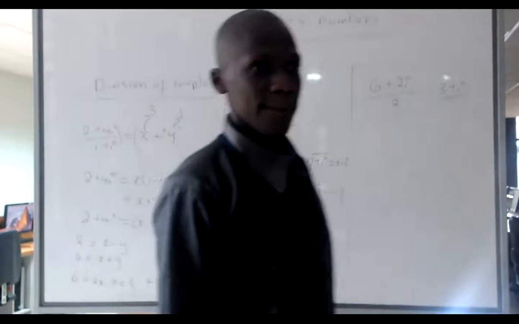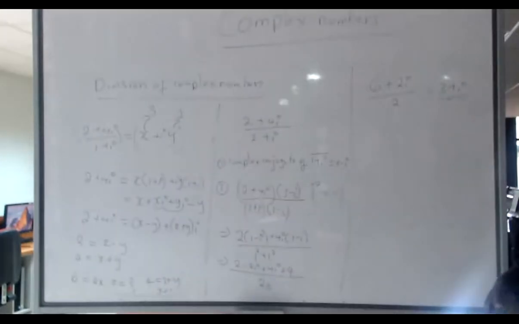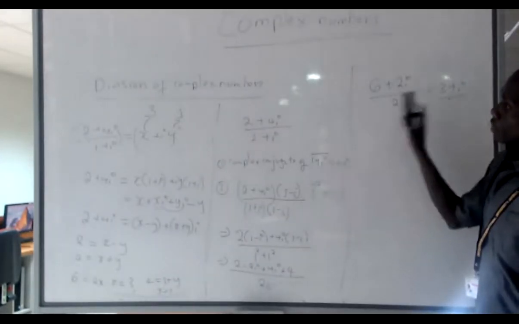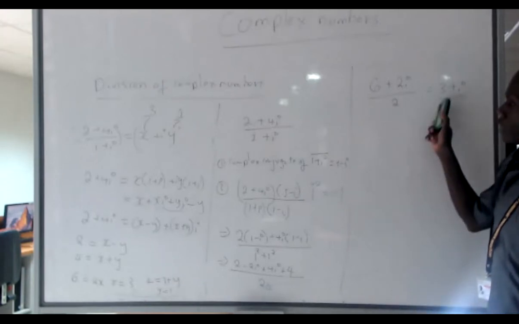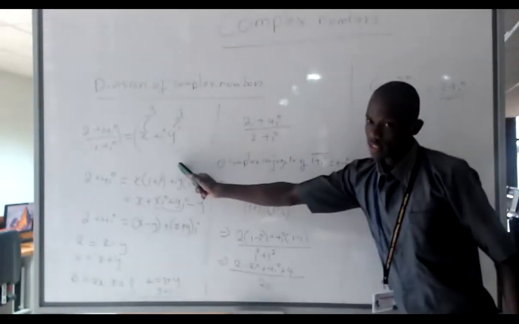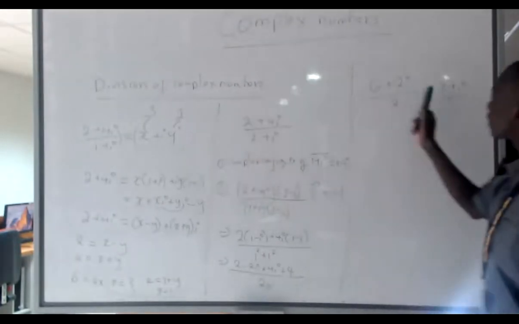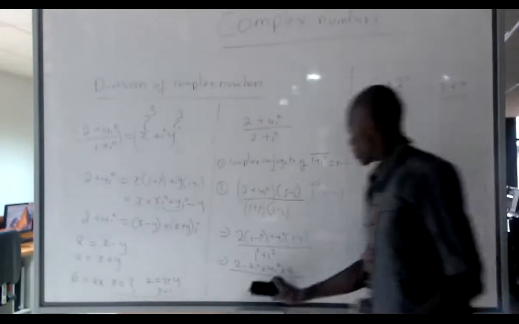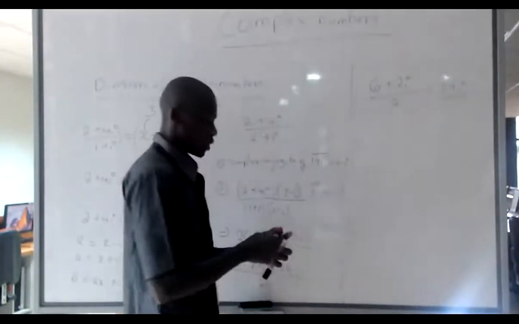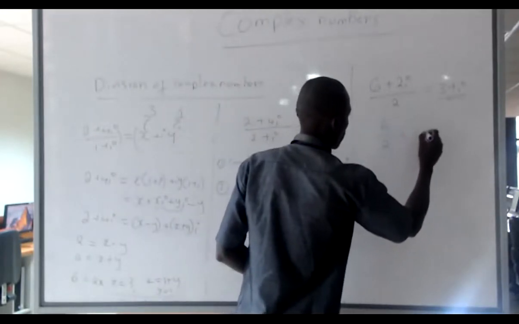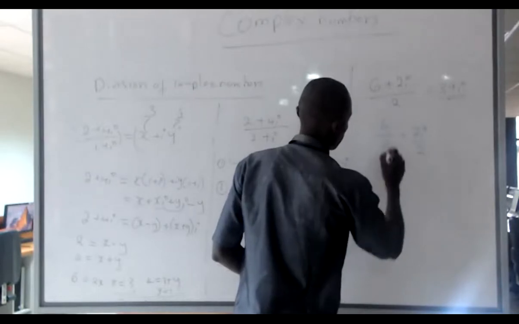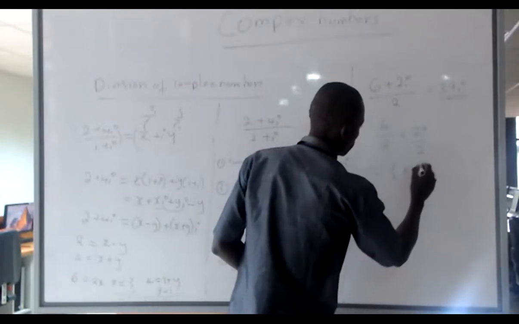Any questions on either of these methods? How did the answer get to 3 plus i? From the other side, you have 6 plus 2i divided by 2, which is the same as 6 divided by 2 plus 2i divided by 2. 6 divided by 2 is 3, and 2i divided by 2 is i.